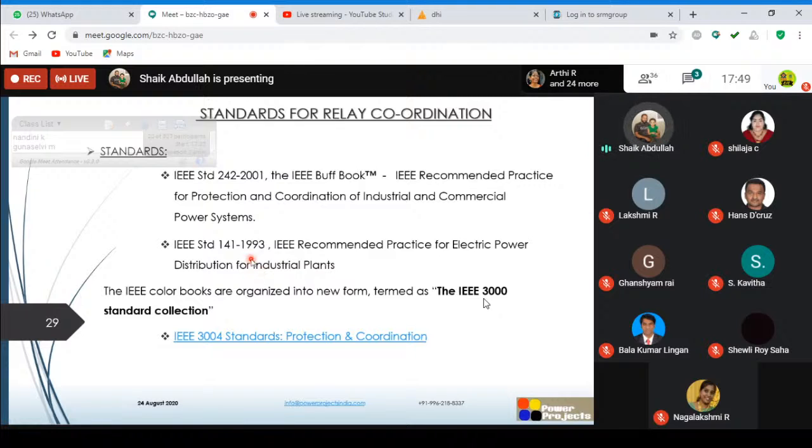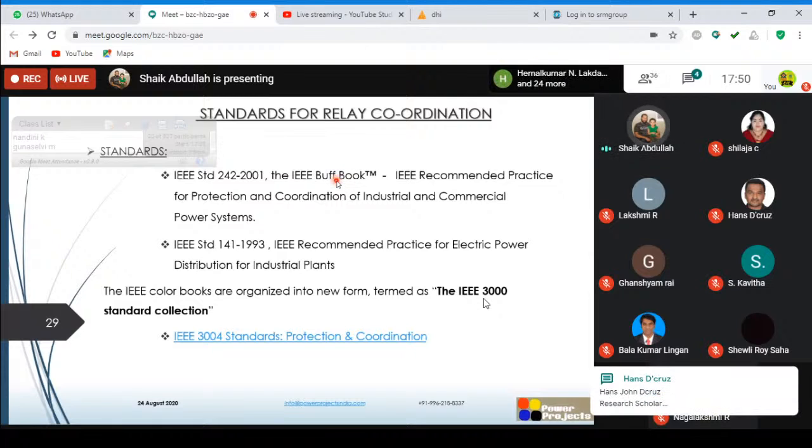And we have some newer versions of this IEEE 242 standard as the IEEE 3000 series, and there are many standards. The 3000 series is already published and we are using it. But even so, the Buff Book is still active. It will not be revoked or removed from the industry.